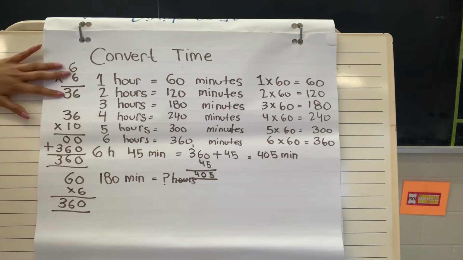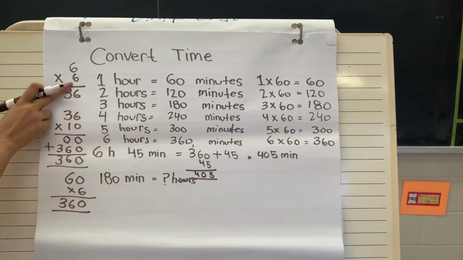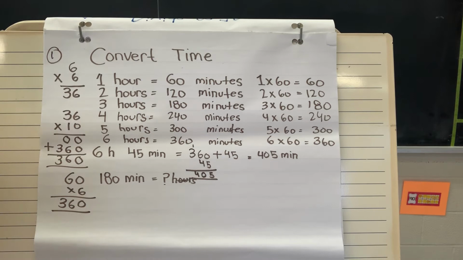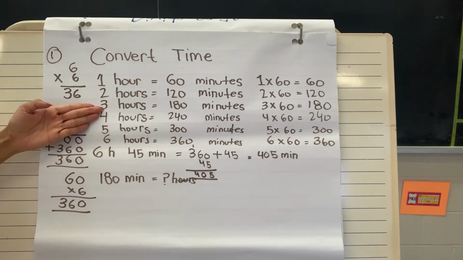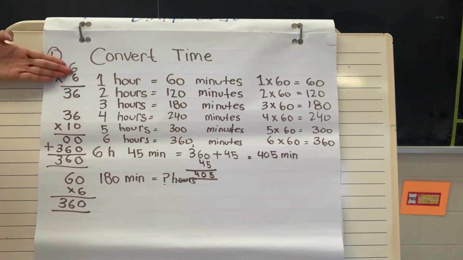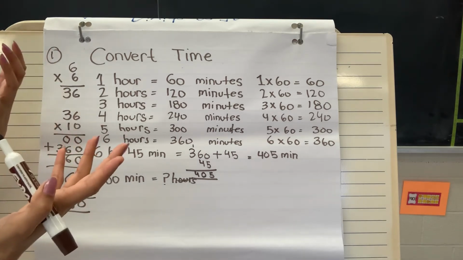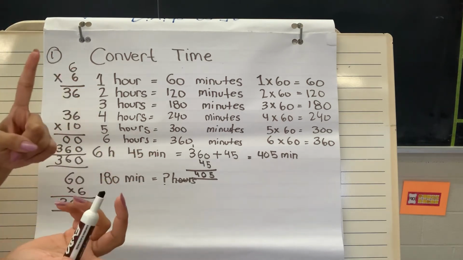Okay, it's simpler. So what we did was I took my hours and first I multiplied it by 6. Whatever hour you have, it can be 10, it can be 4, it can be 3. So let's say if it was 3 hours, I would first multiply 3 by 6. The reason being, it's much easier to do our multiplication when it's just a single digit, right?